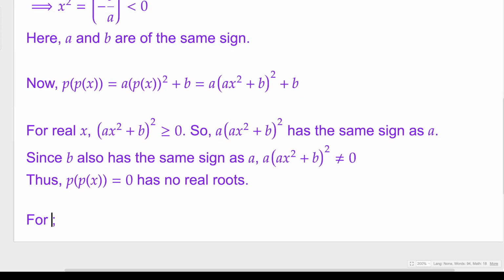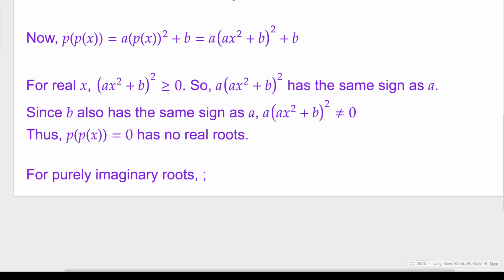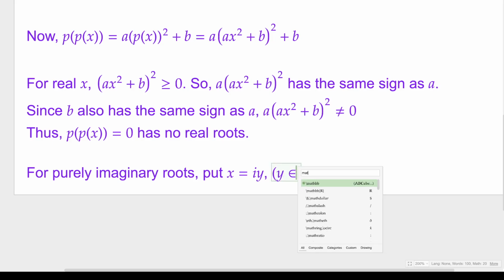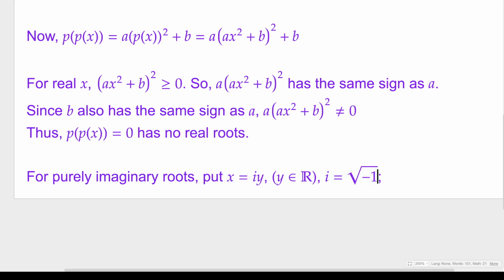Now if I talk about purely imaginary roots, in that case I will substitute x as iota times y, where definitely y belongs to the set of real numbers, and iota is nothing but the square root of minus 1.